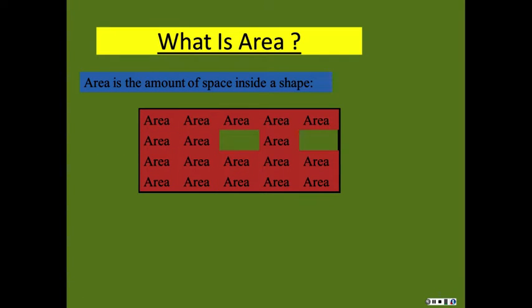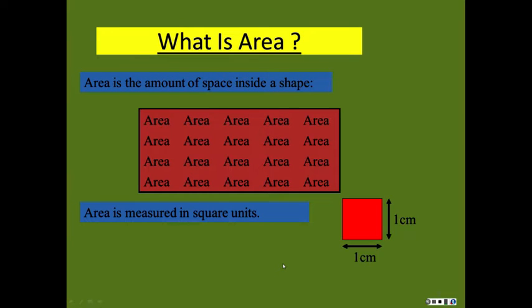Now this should give you a big clue that when we use our measurements, they're not going to be linear here. They're going to be squared because we take the length times the width. We're going to be using multiplication. So you see how those little rectangles were built? It's like having little squares inside.